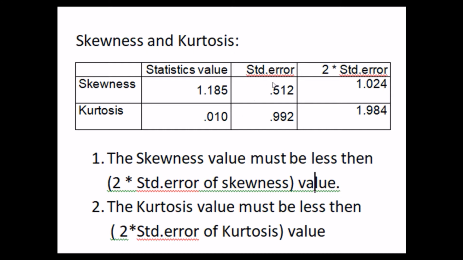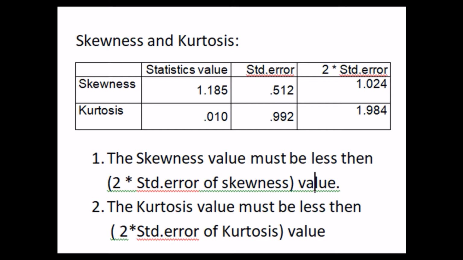Its standard error is 0.512 and the kurtosis standard error is 0.992. We multiply this value by 2, we get 1.024. Multiply 0.992 by 2, we get 1.984. These are the two values.